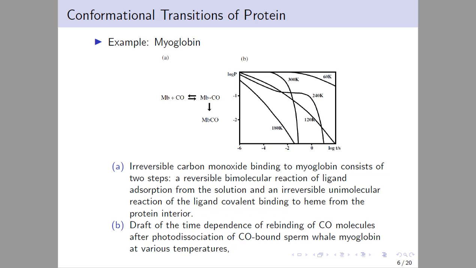Myoglobin in our blood with carbon dioxide attached becomes metastable. This metastable state can become a stable one, MbCO, or it can go back to the reactant Mb plus CO2.